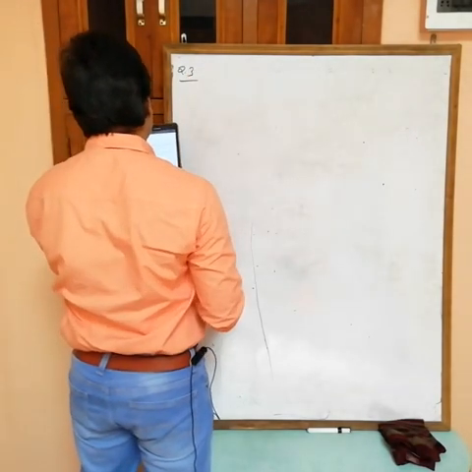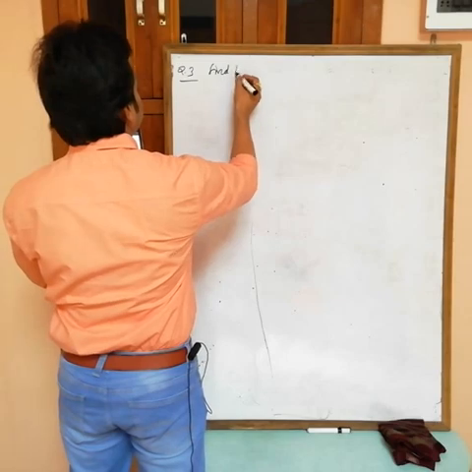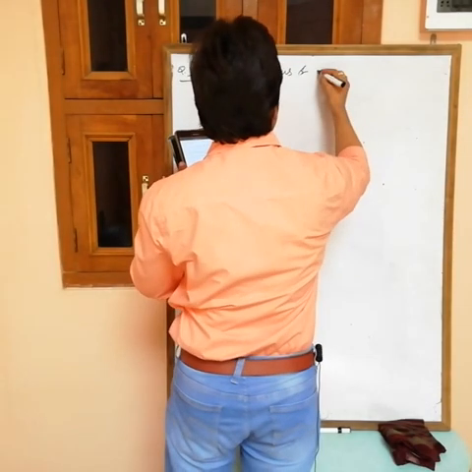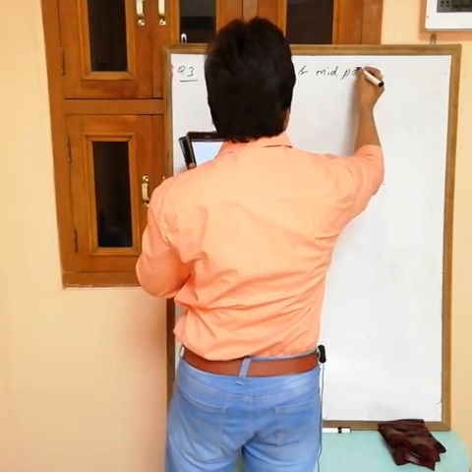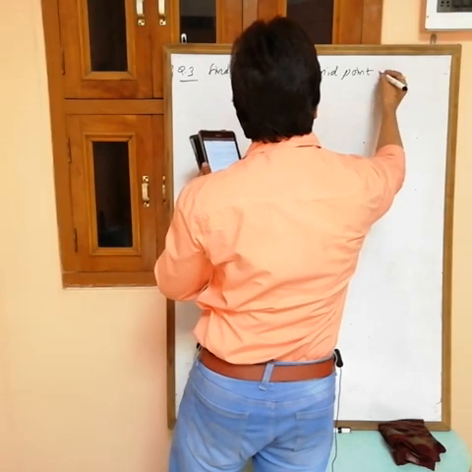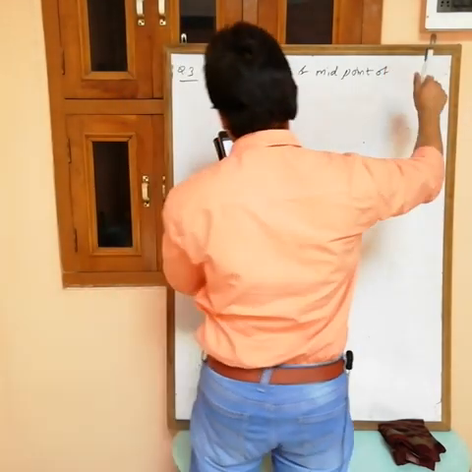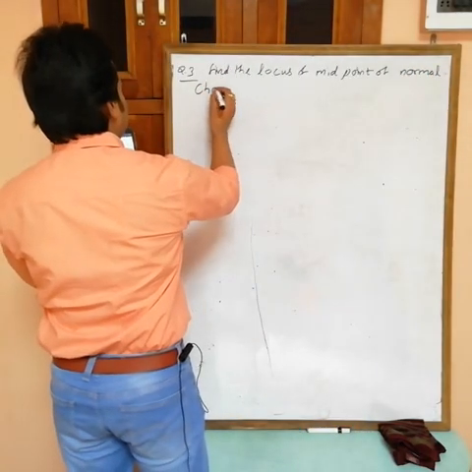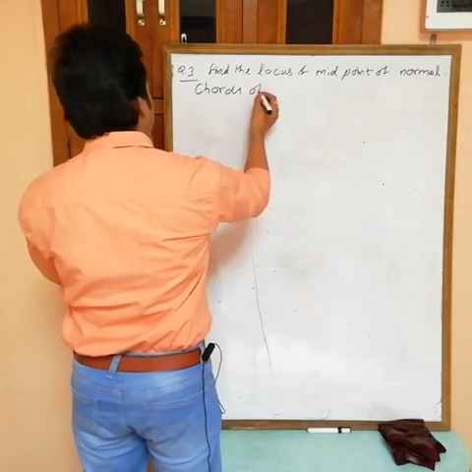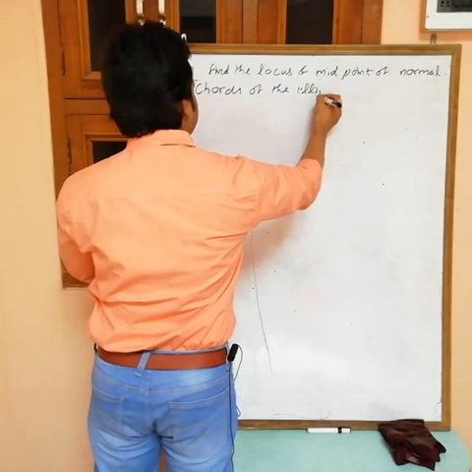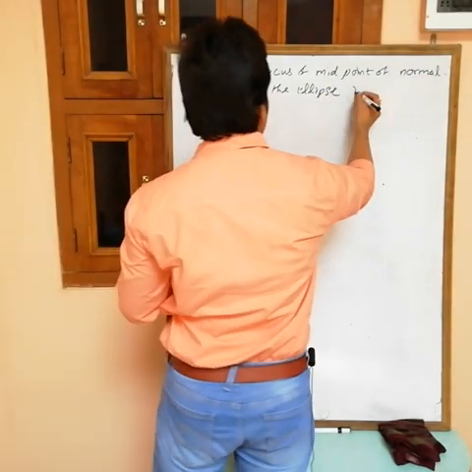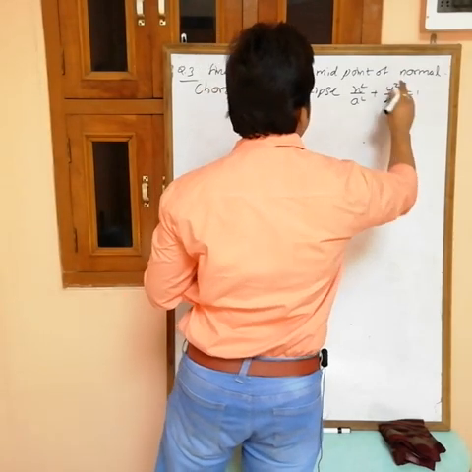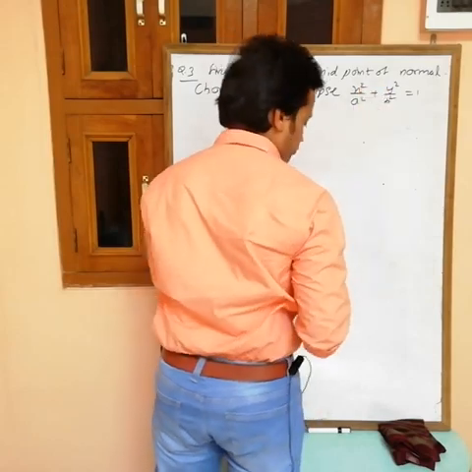Next question, find the locus of the midpoint of normal chord of the ellipse x square by a square plus y square by b square equal to 1.